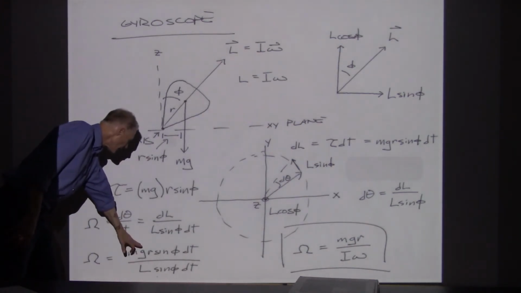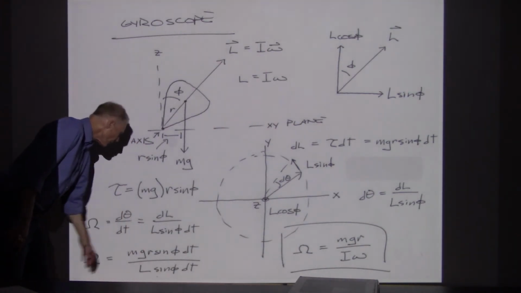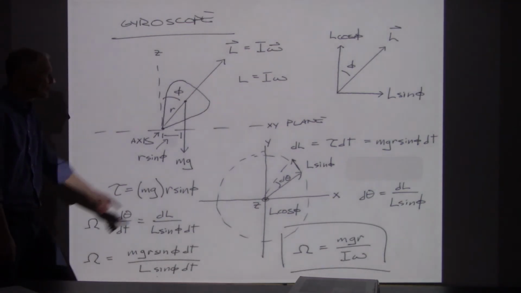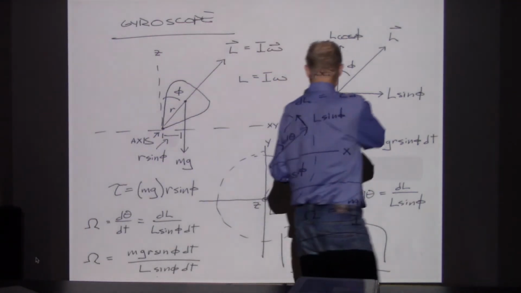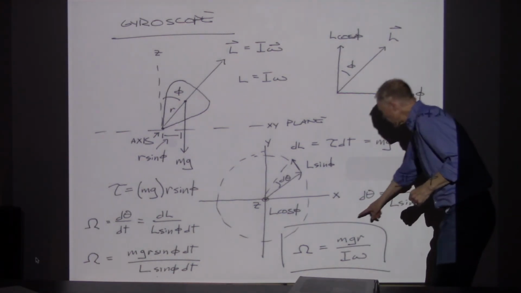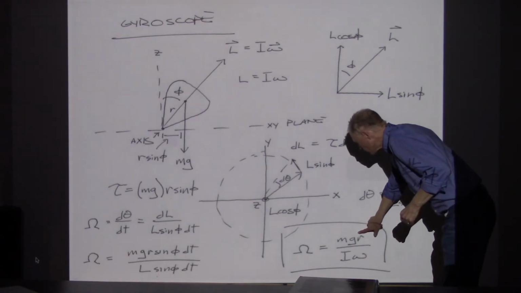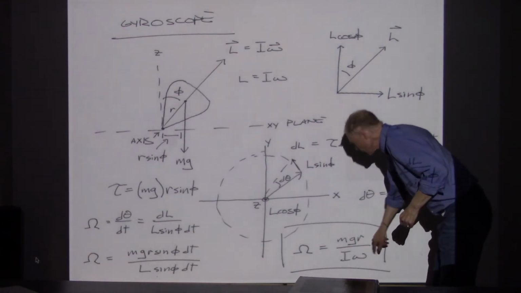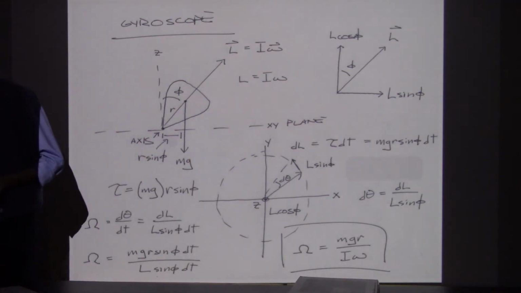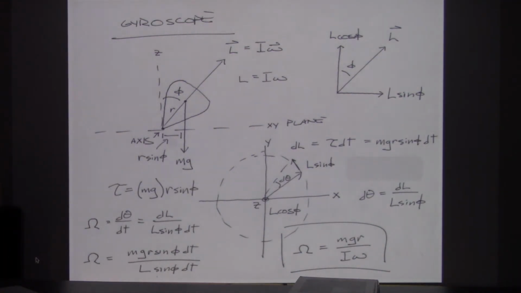I can put in the torque of the gravity, the sine of phi cancels out, and the prediction is that the top will precess at a speed given by mgr over I omega. So it depends on the mass of the top, its rotational inertia, the gravitational field, the dimensions, the center of mass location on the top, and how fast it's spinning.